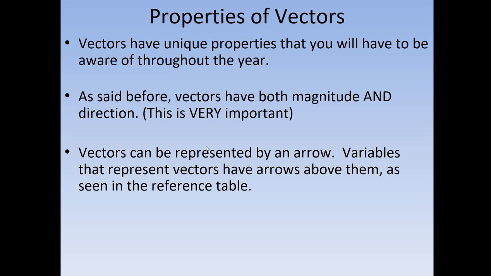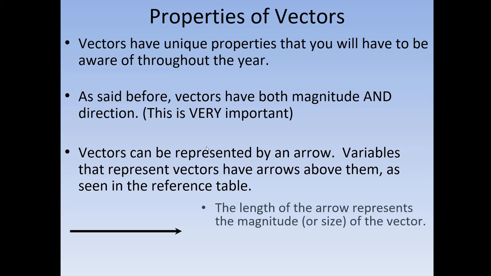Typically, vectors are represented by an arrow, and the arrow will have different things like a length that represents its magnitude, and a direction that obviously represents the direction it's going in.